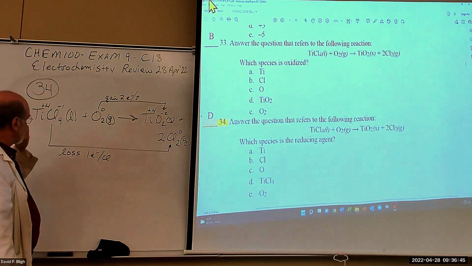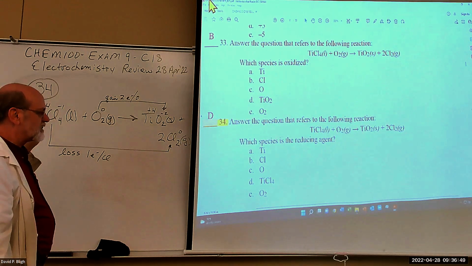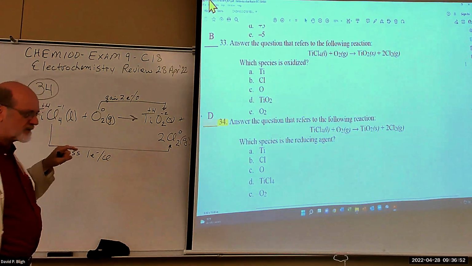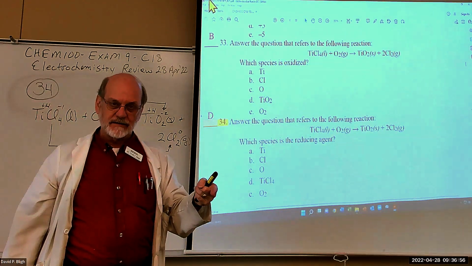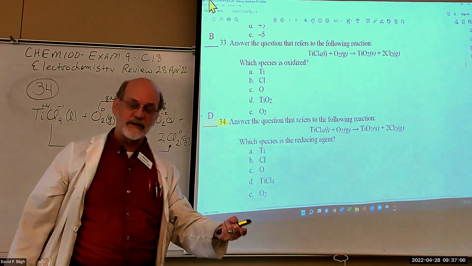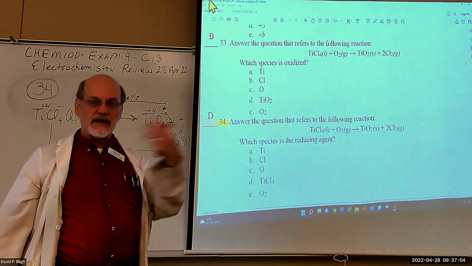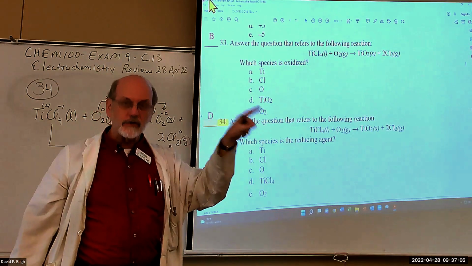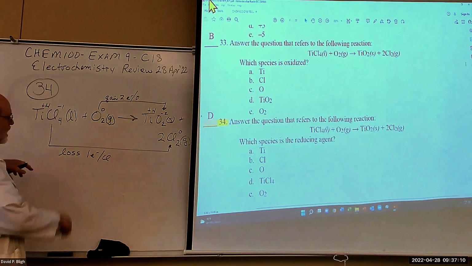Okay, so which species is the reducing agent? The reducing agent is the one that's oxidized. It causes the reduction of some other element by oxidizing itself. It gives up electrons to go to reduce something else. So the reducing agent has to be oxidized.